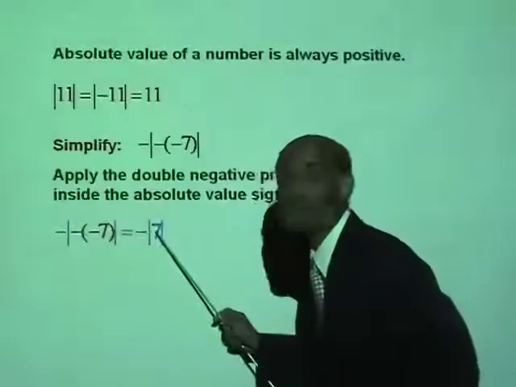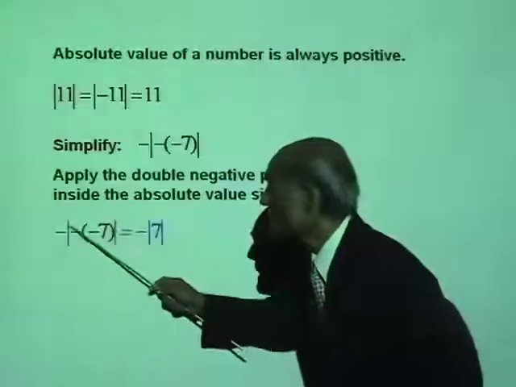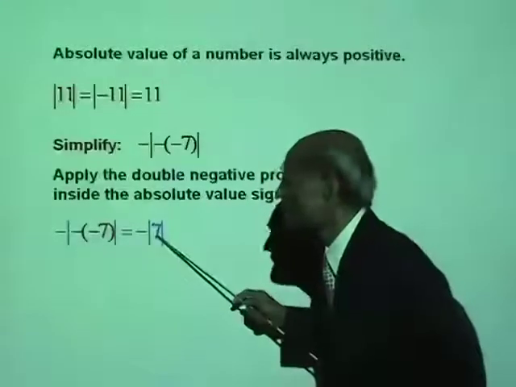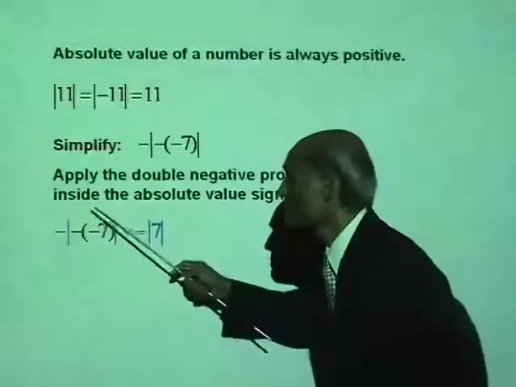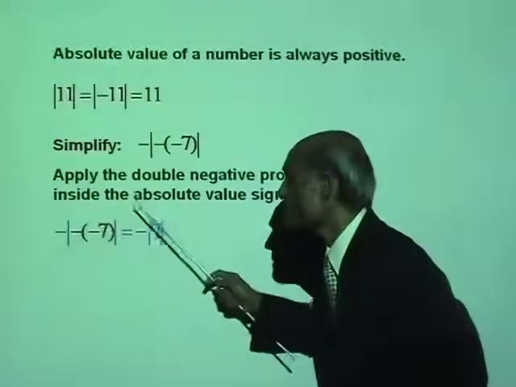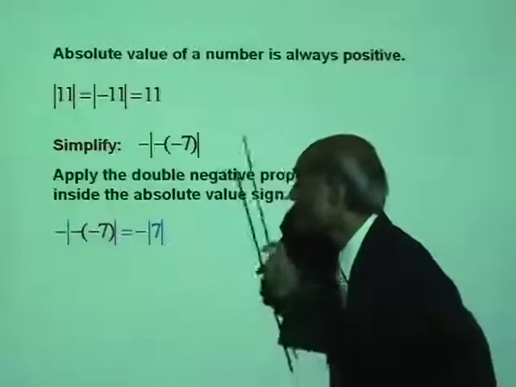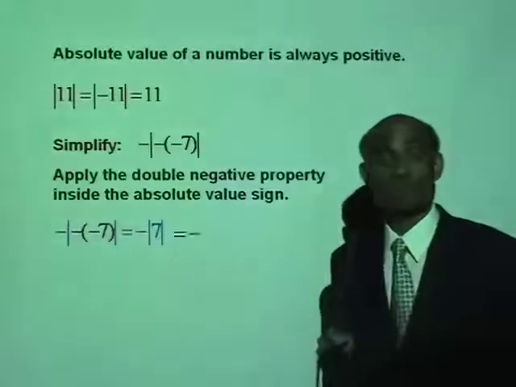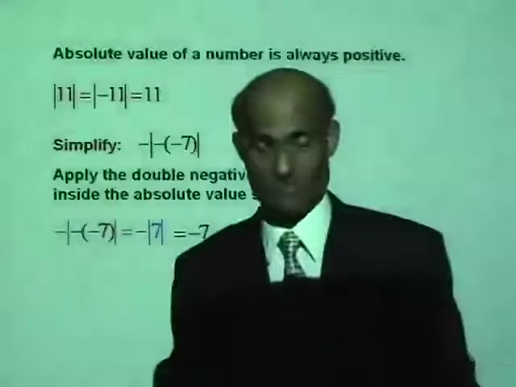It is positive 7. So I replace this quantity, negative of negative 7, as 7. Negative of absolute value of negative 7 is the same as negative of absolute value of 7. And that will be negative 7.